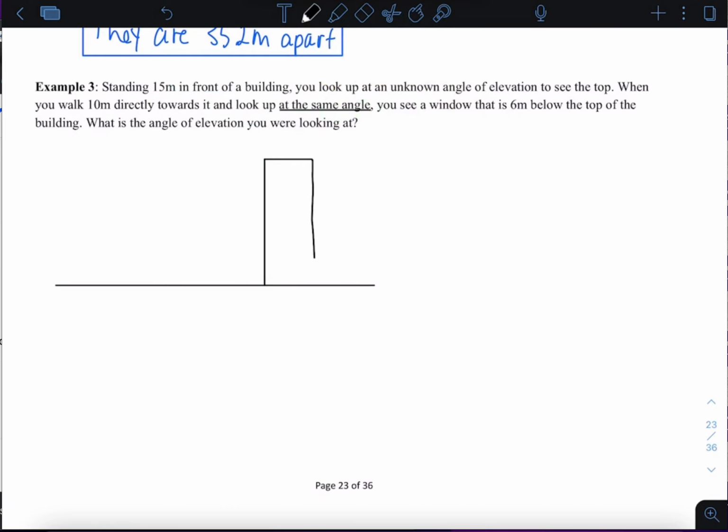Let's just break this down. Here's a building, and here's me. I'm a dot, okay? And I look up at an unknown angle of elevation to see the top of the building. We're going to call that theta. And then what I do is I walk 10 meters towards the building.